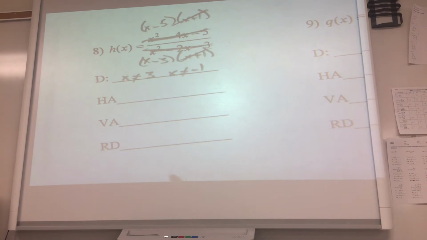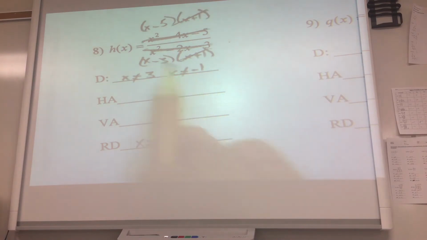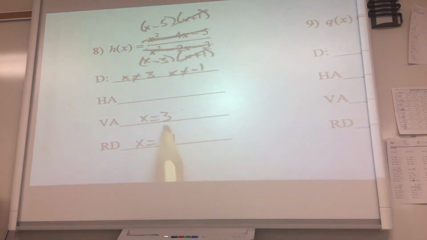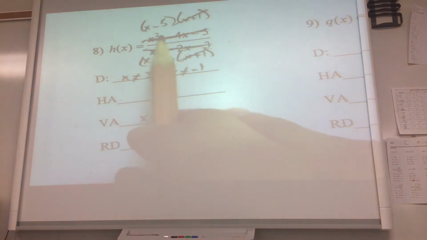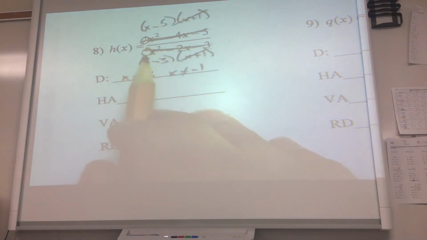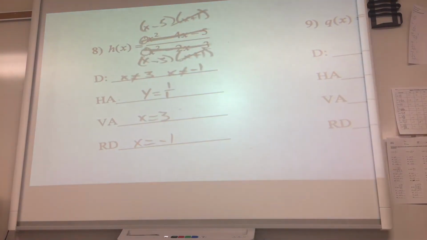So I have one removable discontinuity. One of those domain restrictions, this one specifically, is a removable discontinuity. The other one that's left behind that did not cancel is a vertical asymptote. Okay, and then as far as horizontal asymptote is concerned, I have a degree 2 over a degree 2. So it's same over same. And if it's the same, looking for the coefficients, 1 over 1, or just 1 if you wanted to write it that way.